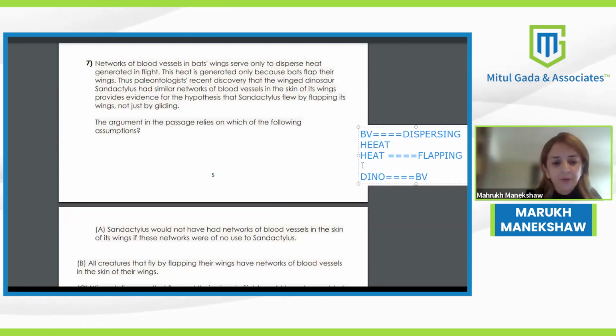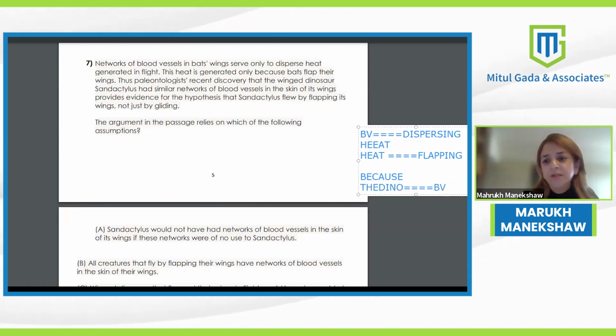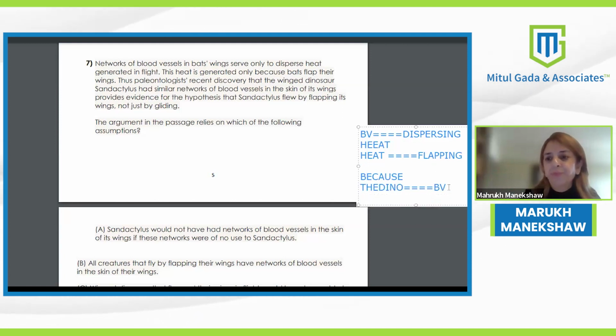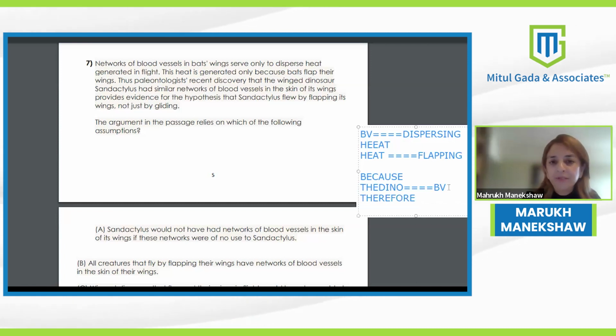And maybe we can put here a because. Because it's your evidence, because the dino has blood vessels, he says, therefore, the hypothesis that the Syndactylus flew by flapping and not by gliding.